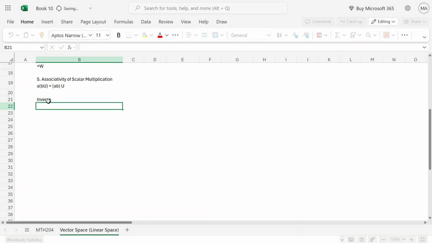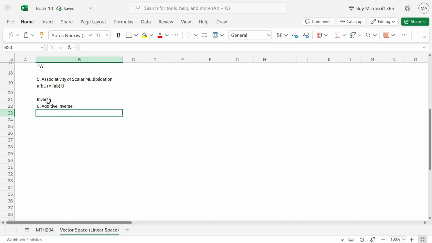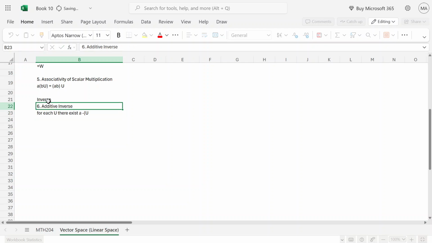So inverse, we call this number 6, and then we can now say additive inverse. So for each u, there exists a minus u.